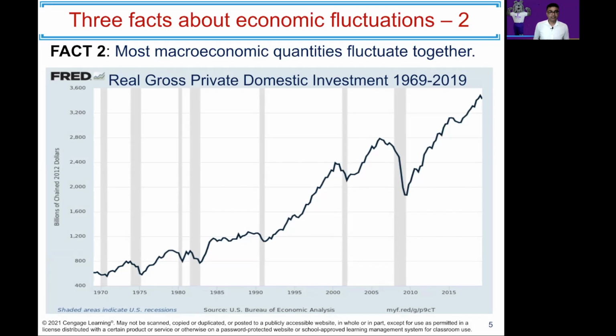So when the economy is in recession, income falls, consumer spending falls, profits fall, many stock market prices fall, tax revenue falls, causing the budget deficit to rise, and spending on imports falls, causing the trade deficit to shrink. But these variables fluctuate by different amounts.